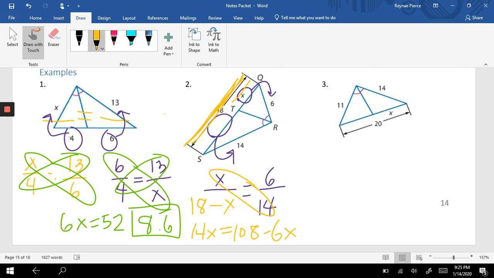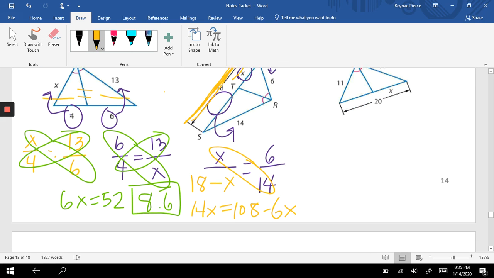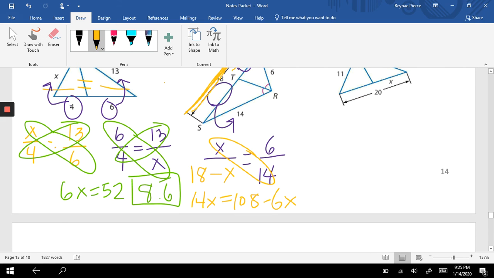Okay, we add 6x to both sides, we get 20x equals 108. Divide both sides by 20. We get x to be 5.4.